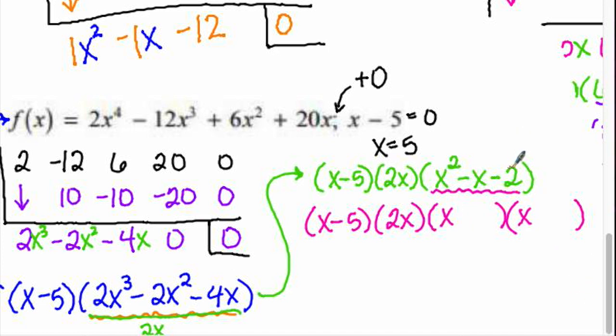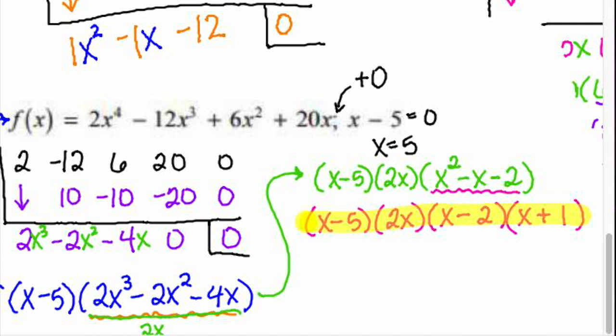Then we're looking for factors of 2 that have a difference of 1. So that would be 2 and 1. And because this is negative, we know the signs have to be opposite. And in order for these guys to add up to the negative 1 in the middle, this would be a negative, this would be our positive. So this guy would be your fully factored version of your original f of x function we had here.